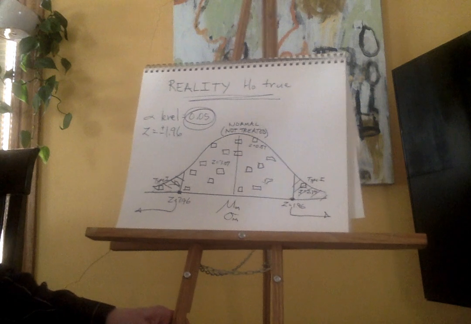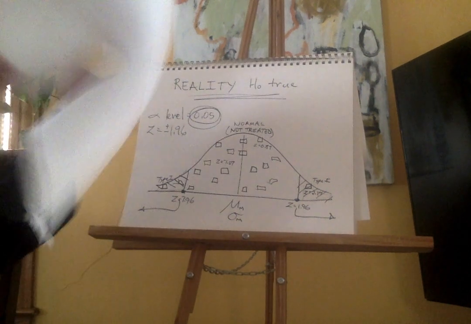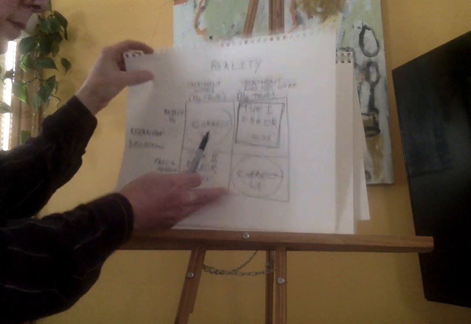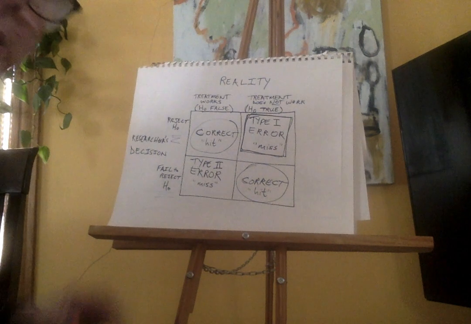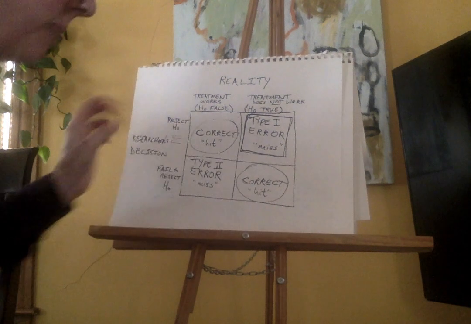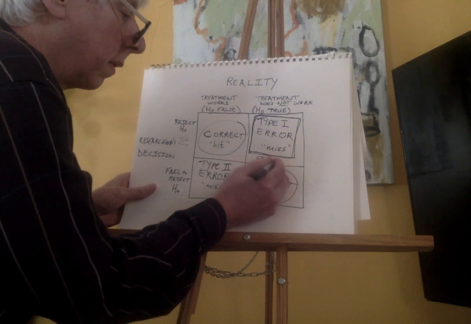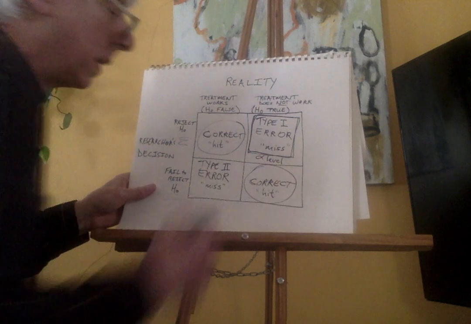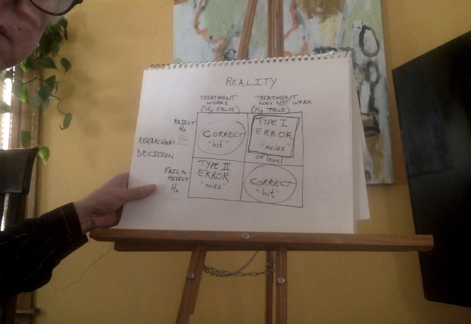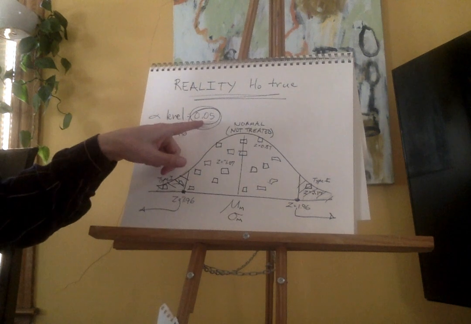And if we go back, let me grab, go back to your notes. We know the probability of making a type 1 error is equal to our alpha level. We're normally going to set the alpha level at 0.05.